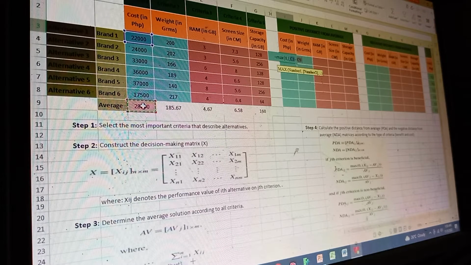Then because we want to copy the formula of this cell, we'll press F4 twice. Then close parenthesis over the average.